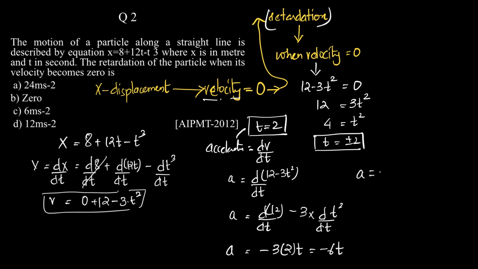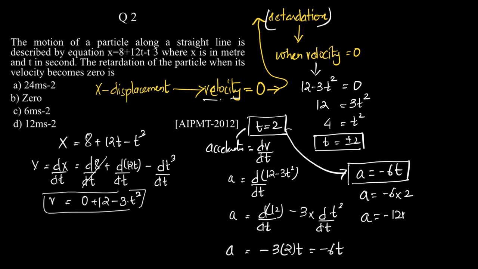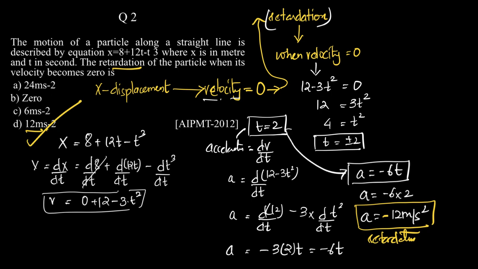So, a is equal to minus 6t and the required time is 2. Therefore, a will be equal to minus 6 into 2 and therefore a is equal to minus 12 meter per second square. So, the correct option is, we have only 12 meter per second square. What you get is minus. Okay, so since it's minus, it means it is primarily retardation in nature, and since the question is asking for retardation, the correct option is option D.